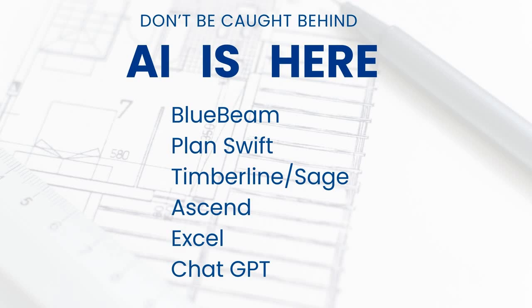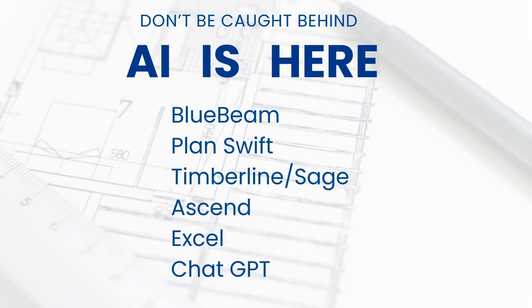But there's lots of software that can help you, and you just need to determine what kind of software is going to work best with the particular discipline that your construction company is working with. So we have Bluebeam, PlanSwift, Timberline, Sage, Ascend, but the most important one is Excel, because everyone can learn Excel.